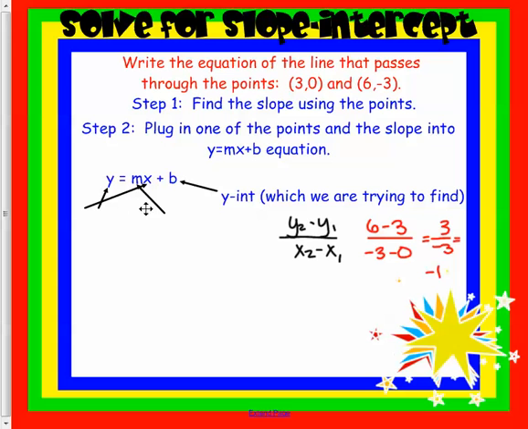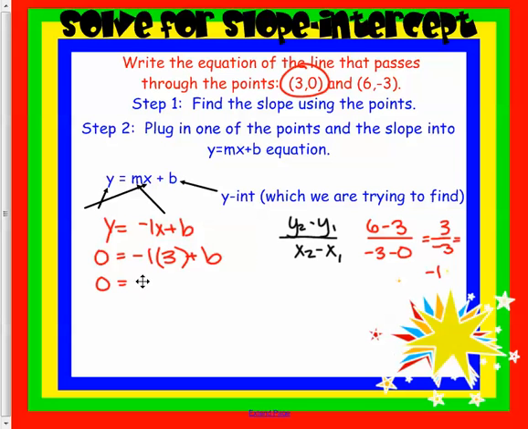So we're going to plug in our slope for our m, and that would be y equals negative 1x plus b. Now we're going to plug in a point. I'm going to plug in the one with the 0 because that seems easier for me. So 0 goes in for y, negative 1 times 3 for x plus b.